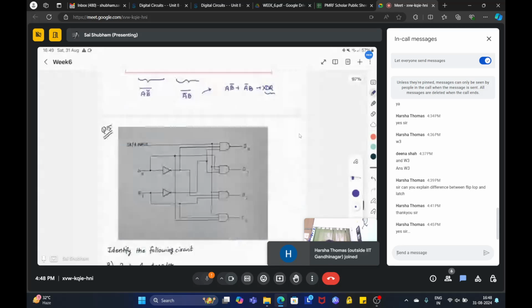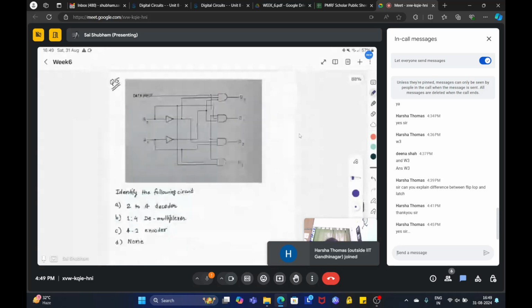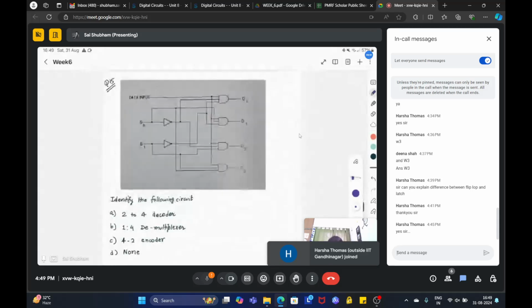So this is another question. We have to identify the following circuit.